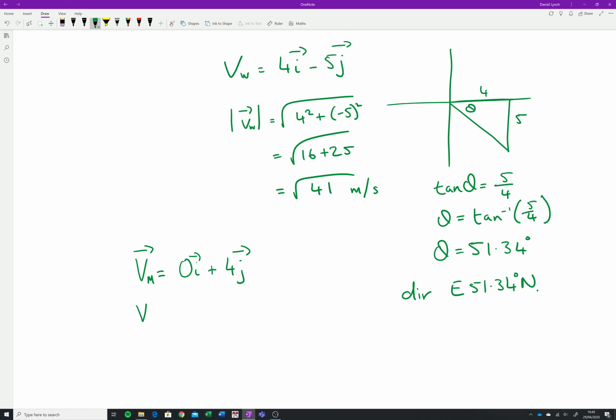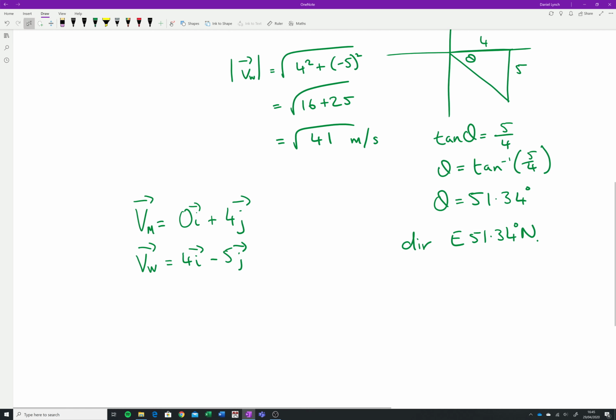We already know what the wind's vector is. It's 4i minus 5j. We're interested in what the wind is doing relative to the man now. So that is wind minus man.